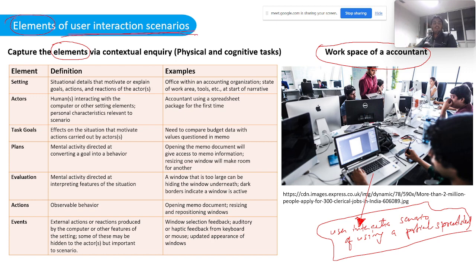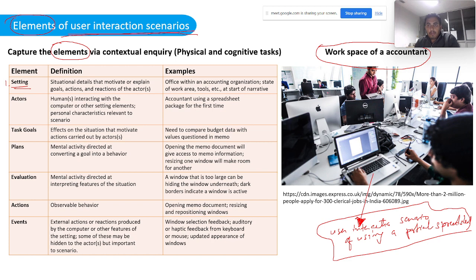Probably you have seen the week 2 lectures, where you were informed about these various elements, like setting, which defines the environment, the situational details that motivate and explain the goal and action.